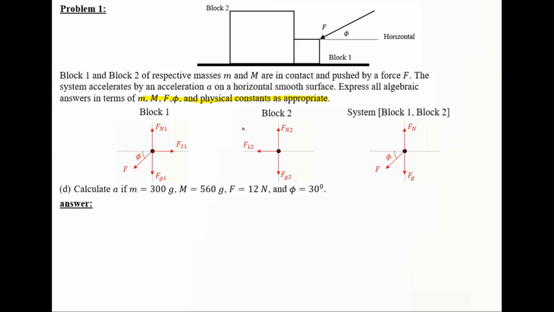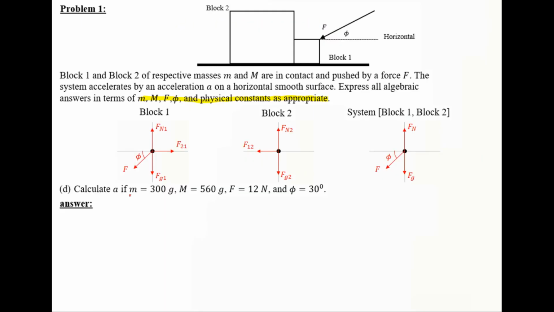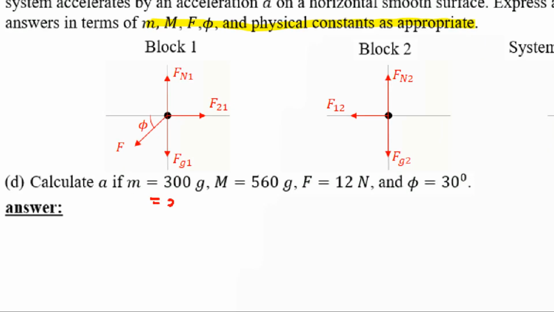Now in part D, we need to calculate A if small m is 300 grams, capital M is 560 grams, F is 12 newtons, and phi is 30 degrees. Here, you need to make sure that your calculator is set to degrees. These masses should be converted to kilograms.